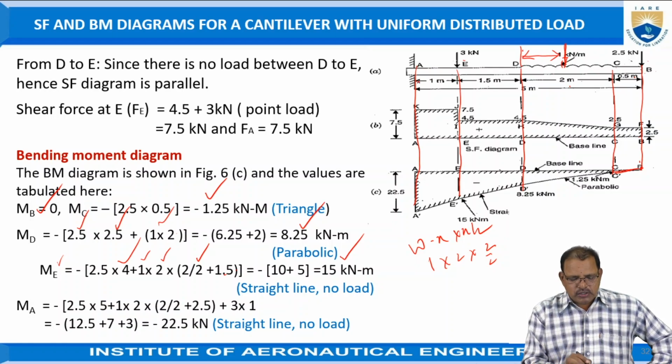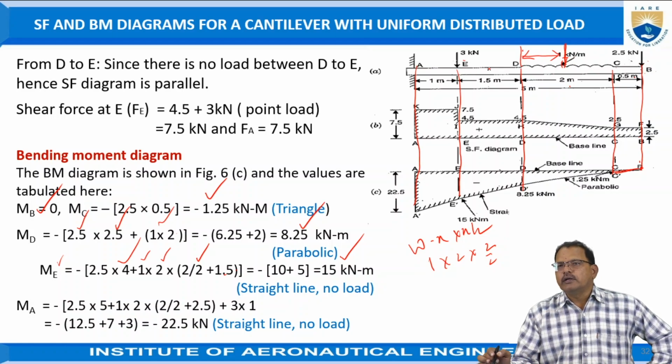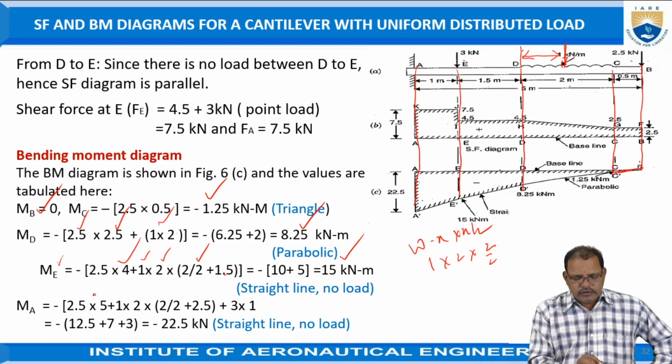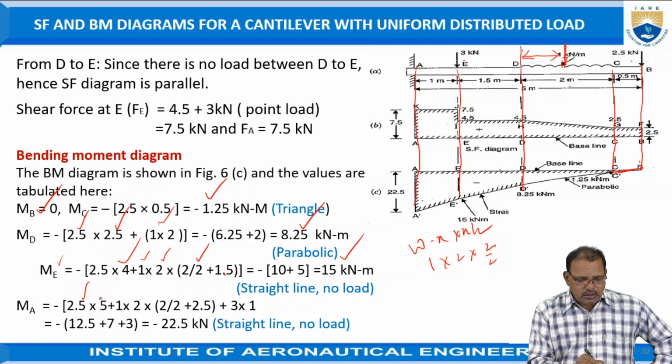The bending moment at A is at the end position. We have to consider the effect of the point load at B, the uniformly distributed load, and the point load at E also. The point load effect is 2.5 into the length of the beam, which is equal to 5.